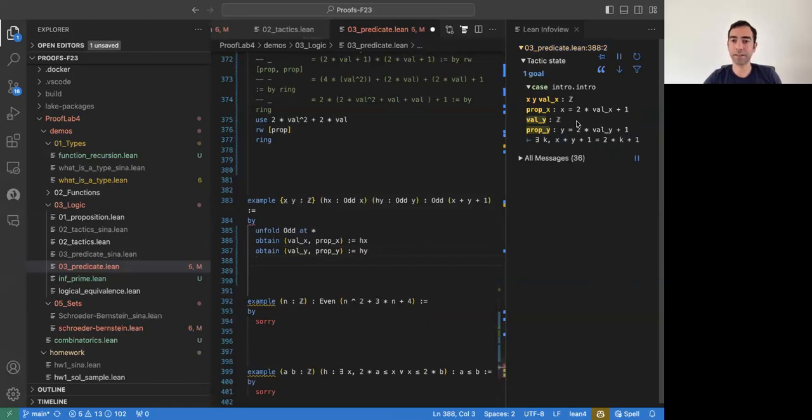Okay, so you've got lots of things now. You've got x, y, value x, value y, prop x, and prop y. And we want to find a k now. So the goal is existential, such that this is true.